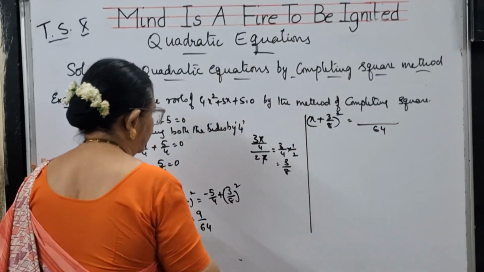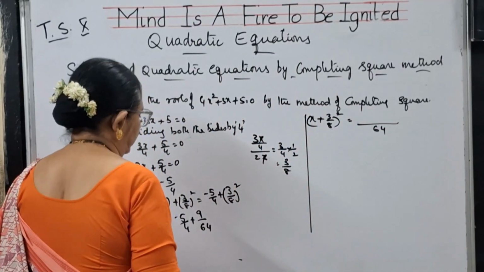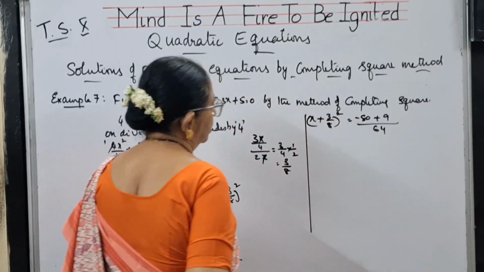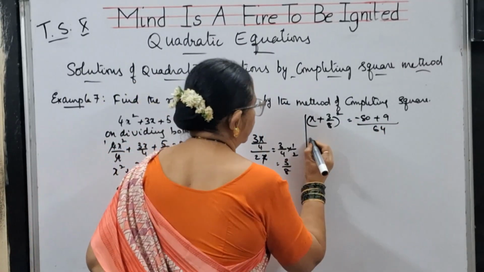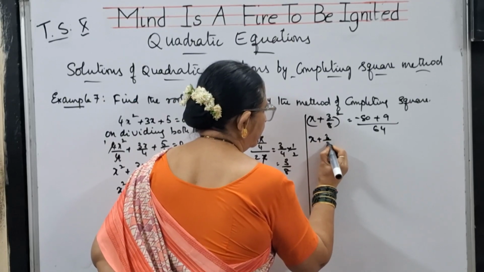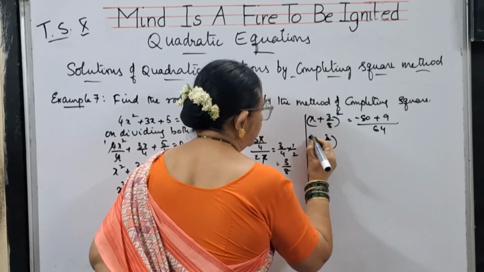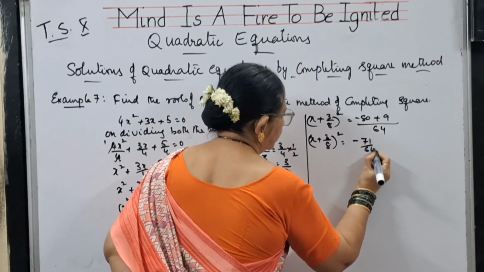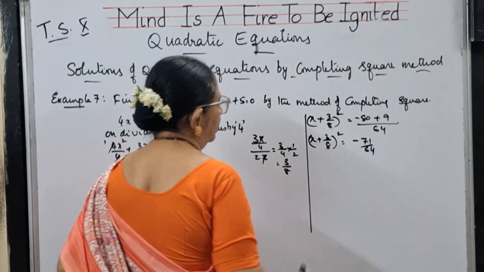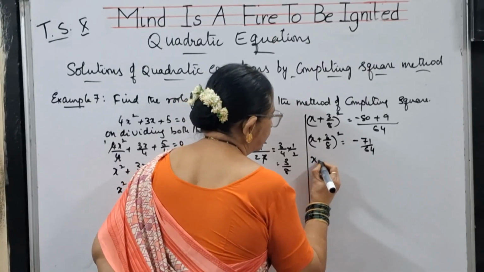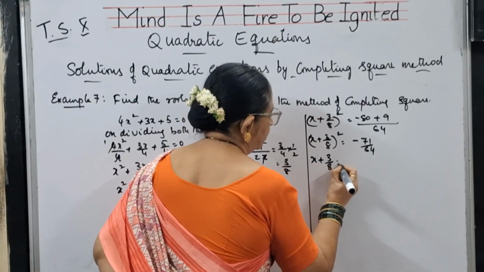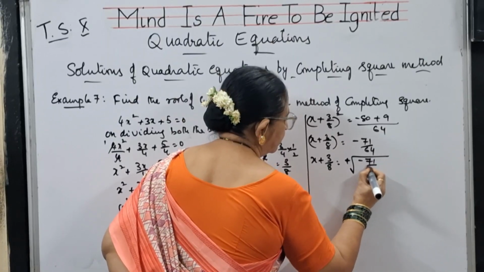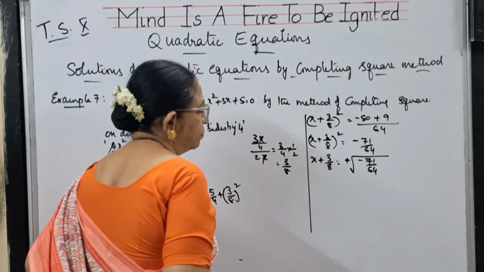So 4 into 16, 16 5s are 80, minus 80 plus 9 you are getting. Minus 80 plus 9, that is x plus 3 by 8 whole square is equal to minus 71 by 64. See, if you want x plus 3 by 8, you have to write plus or minus root of minus 71 by 64.